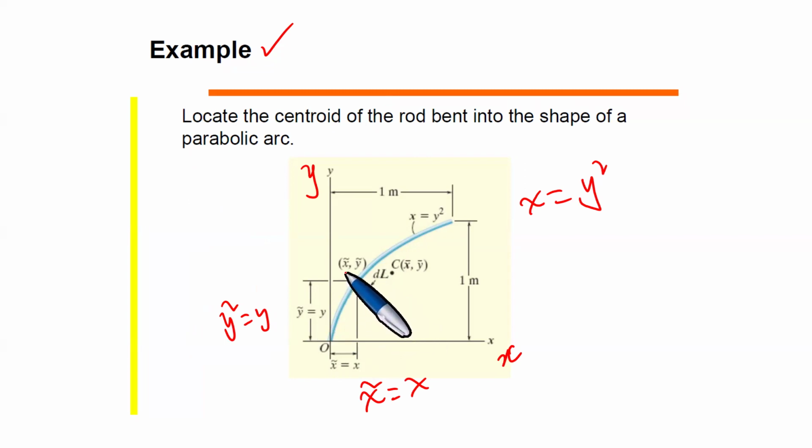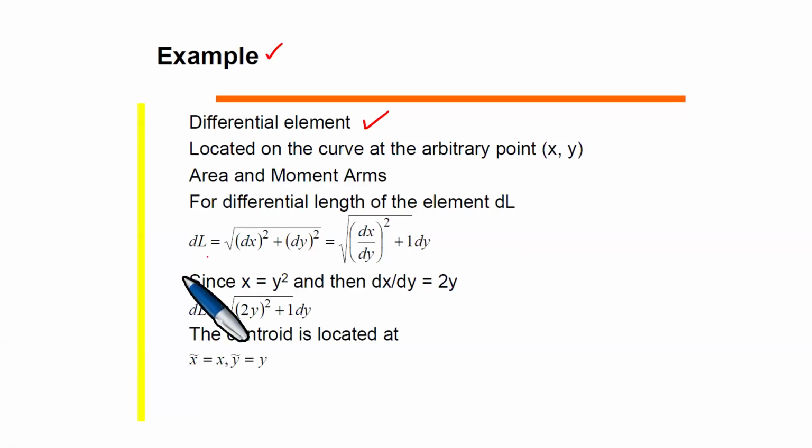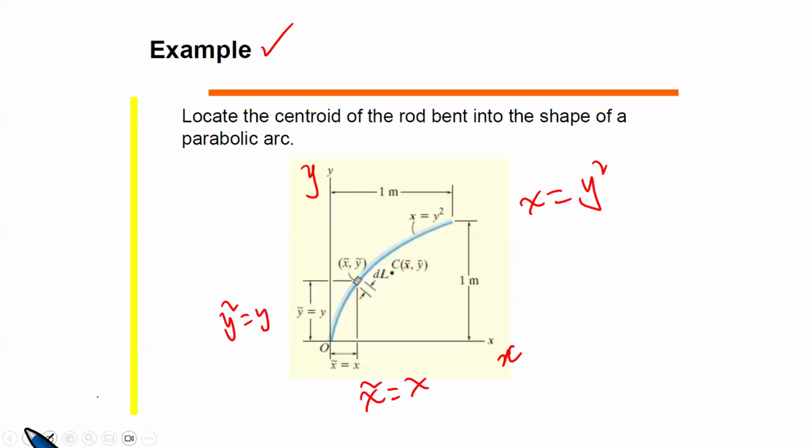We're able to see that there is x tilde, y tilde as the actual coordinates of the point, which describe the position of the point in two-dimensional space. It is located on the curve at the arbitrary point x, y. We can choose it anywhere. Okay, we're good.